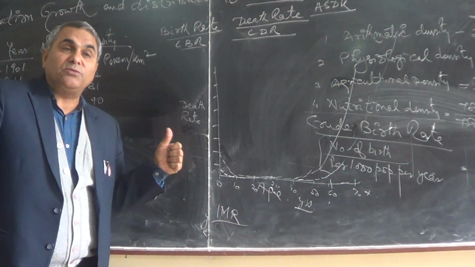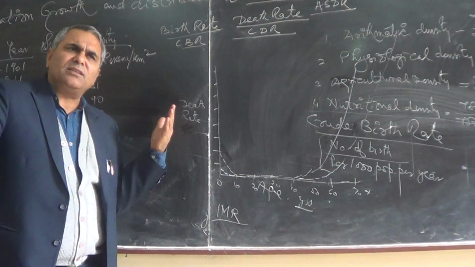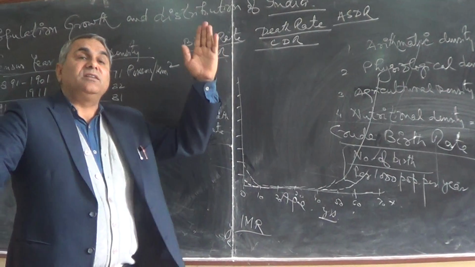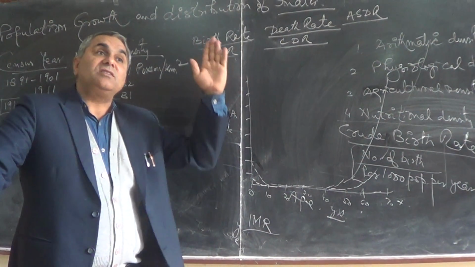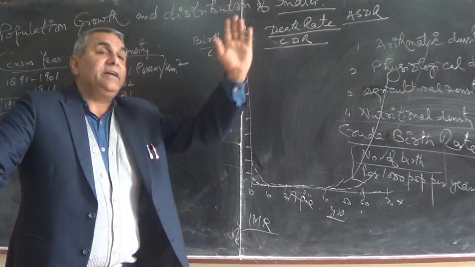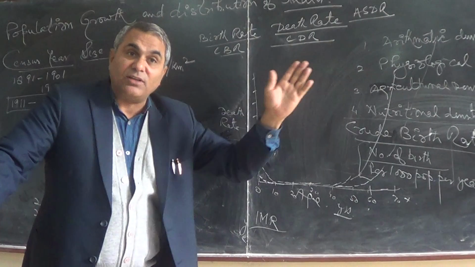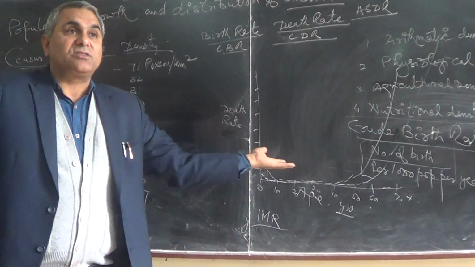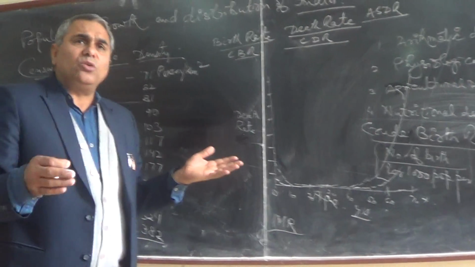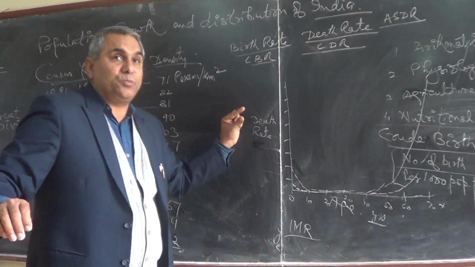This is the prime time of life. After 40 the resistance starts decreasing, and at 50, 60 the number of deaths starts increasing. After 60 chances of death are higher, at 70 further higher, 80 further higher, 90 further higher, and after 100 there are chances of death all the time. This is called age specific death rate, the number of deaths in different age groups.